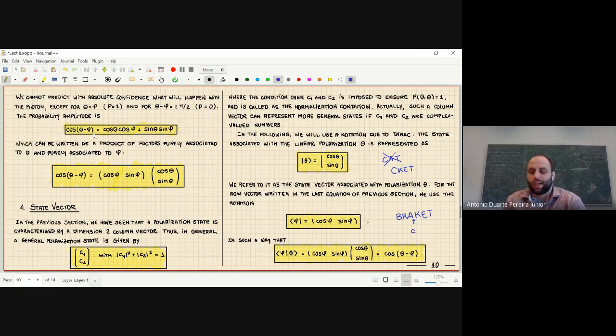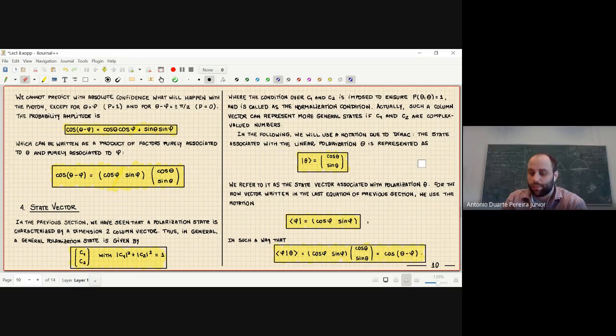Okay? So when I compute the bracket, or the inner product, or the scalar product between the state vector theta and the dual state vector phi, I obtain cosine of theta minus phi. So far, so good.